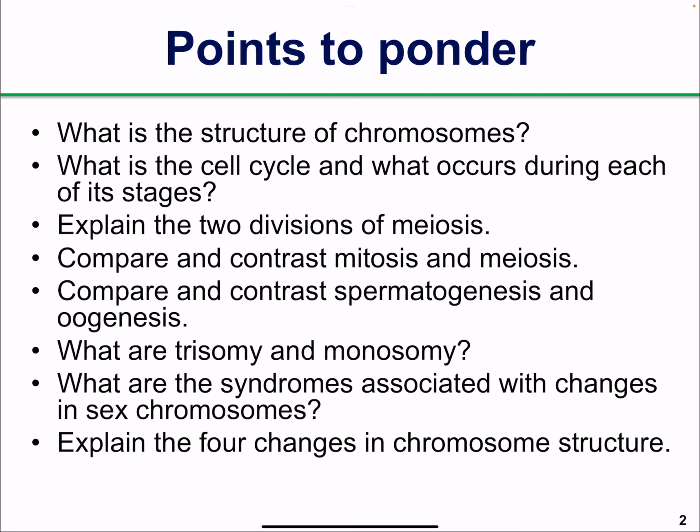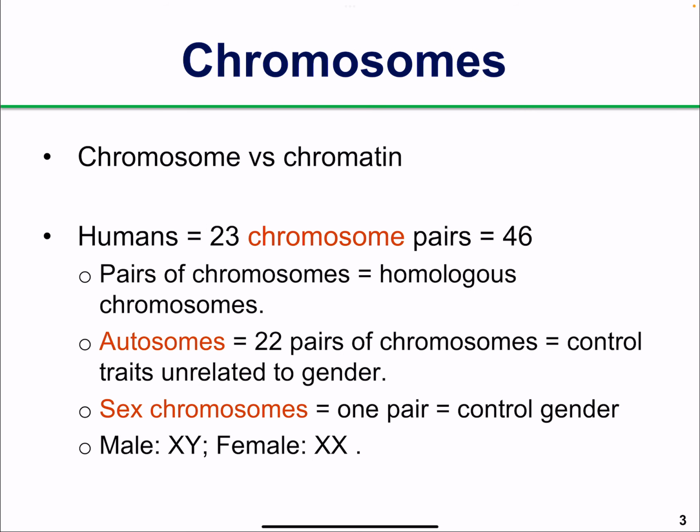With that being said, hopefully you have reviewed on this topic, and now let's dive into the structure of the chromosome. Now, when we consider the chromosomes, we can wonder, okay, what are chromosomes?